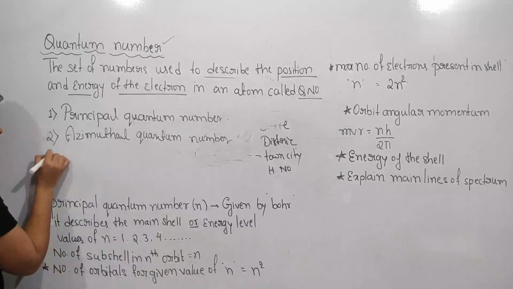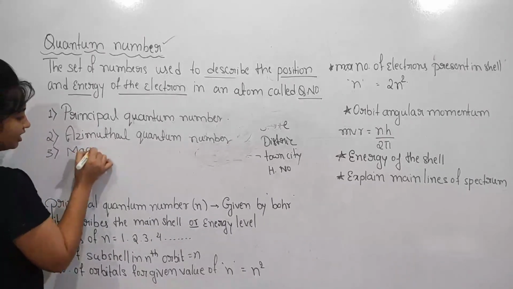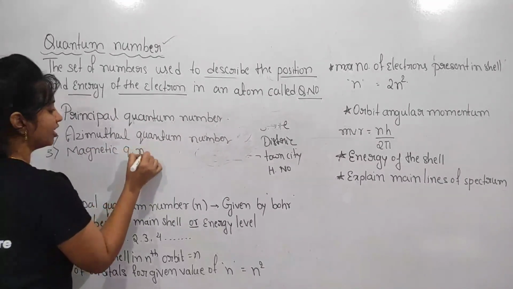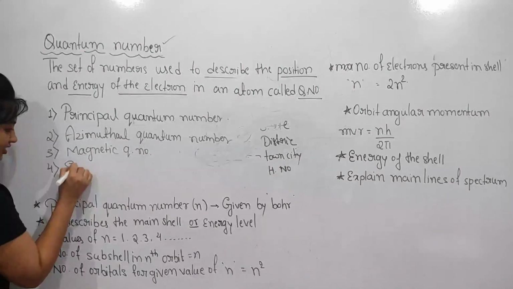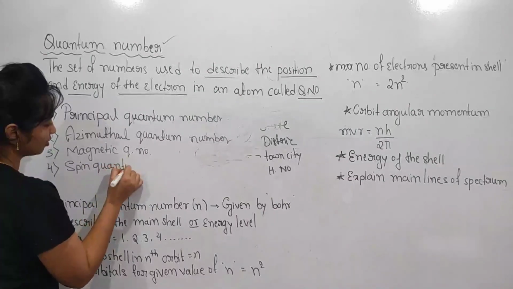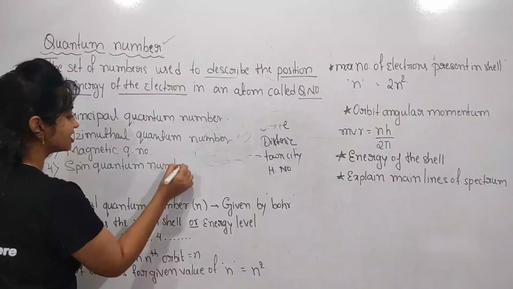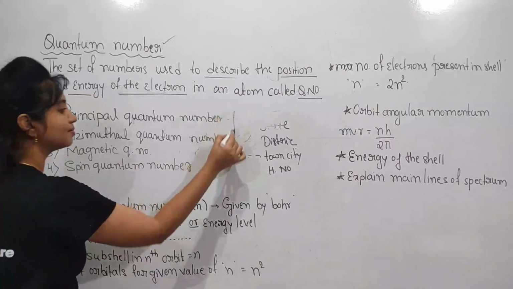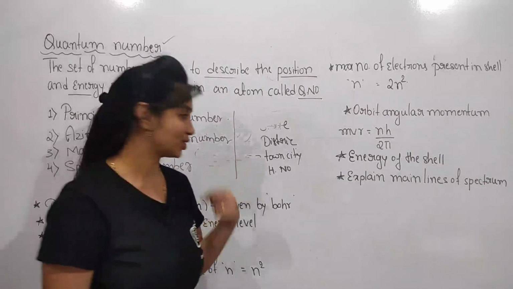Third one is magnetic quantum number. And fourth one is spin quantum number. So, these are all 4 quantum numbers, and these 4 quantum numbers give us the address of the electron and the energy of the electron.